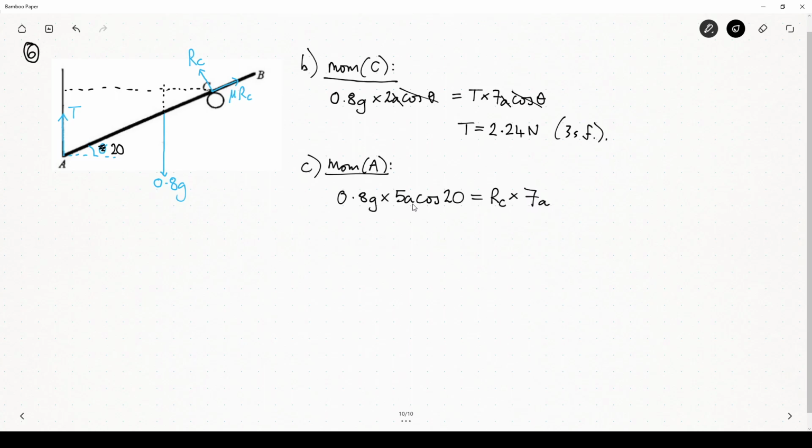And that's it. So dividing both sides by a, we can see that RC is equal to 0.8 g times 5 cos 20 divided by 7, which is 5.3 to two significant figures. And we're done.